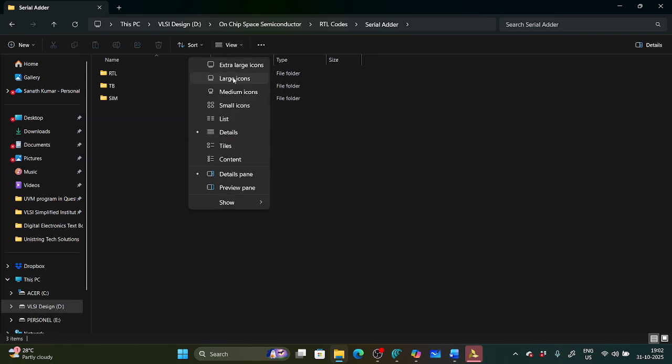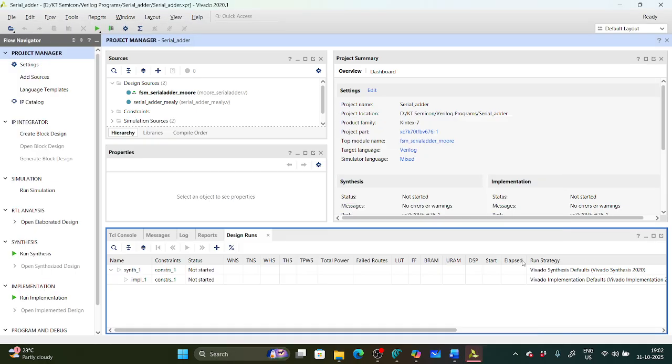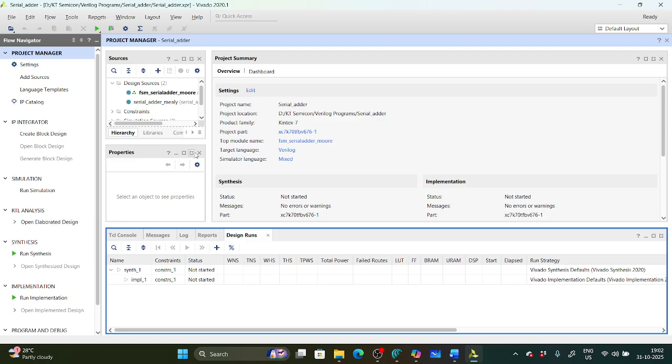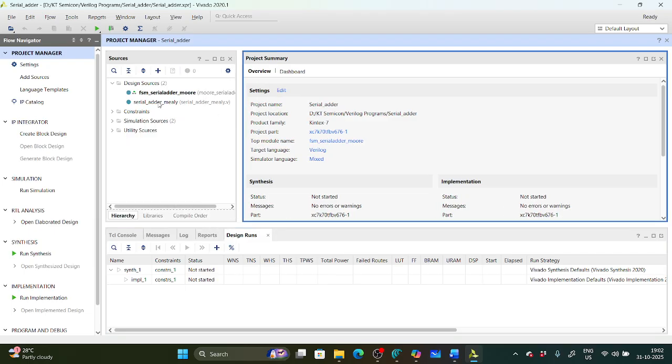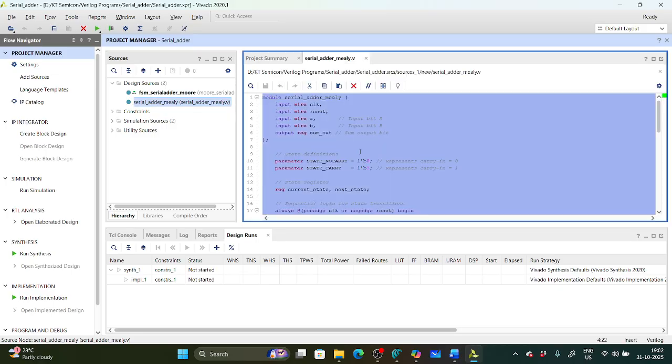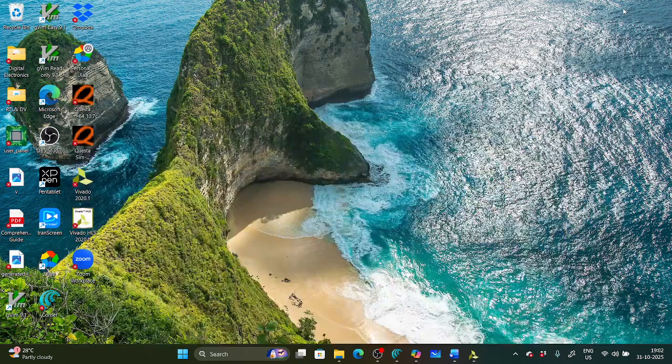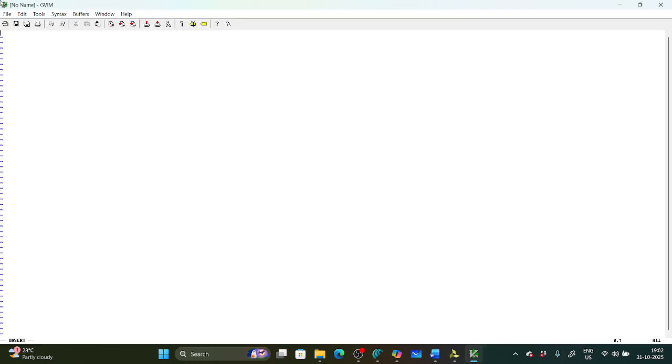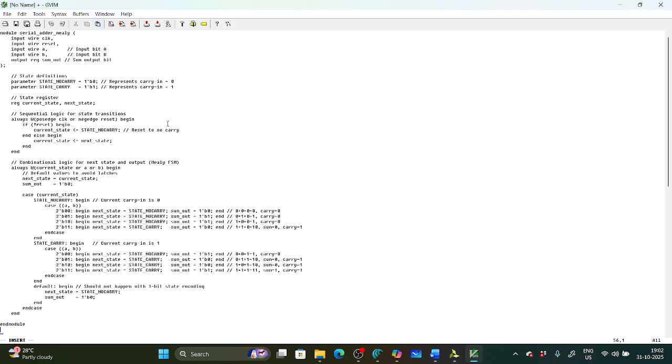I created these folders, and after that I opened Vivado, where the serial adder Mealy is. As this is not clearly visible, I'm copying it and opening GVim, and pasting it here.